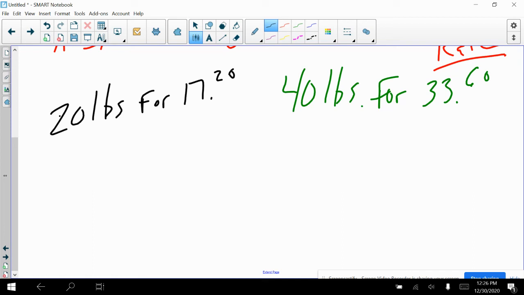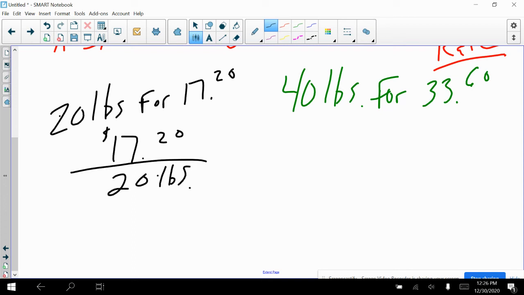So finding a unit cost, you put the money on top and you put the other object on the bottom. In this case, it's 20 pounds of dog food. Then we have to divide to find one of something.